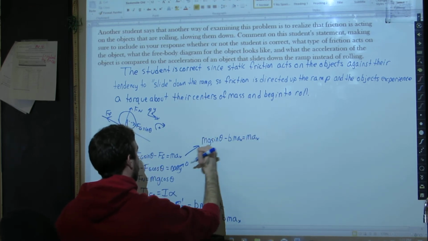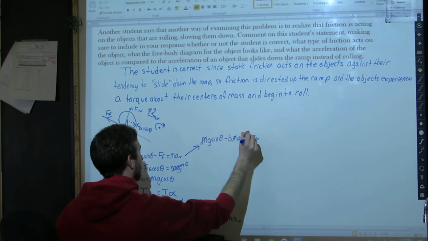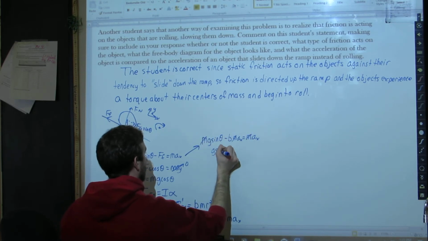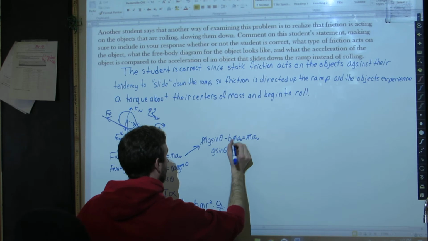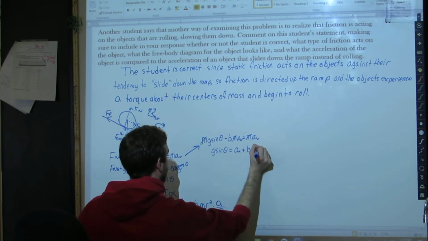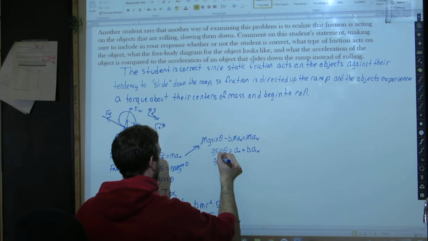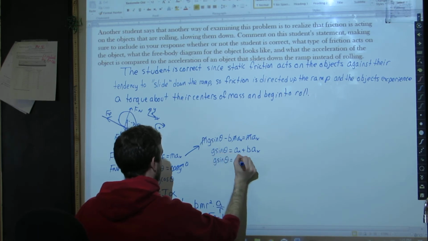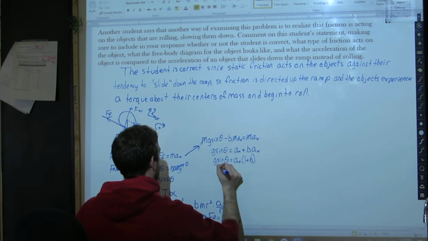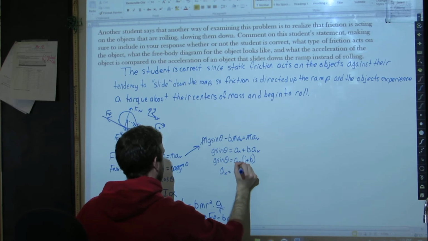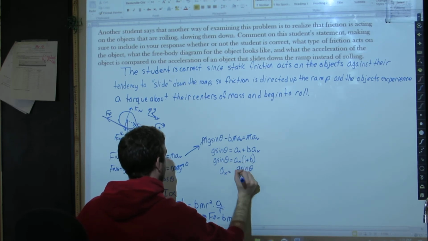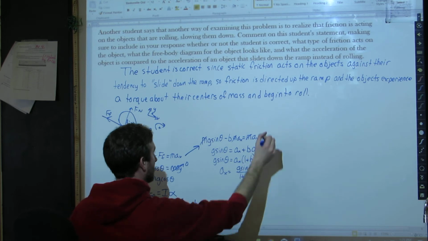Oh, I can cancel out the m's. g sine theta equals ax plus b times ax. I pull the ax out, and I get that the acceleration is g sine theta over 1 plus b.